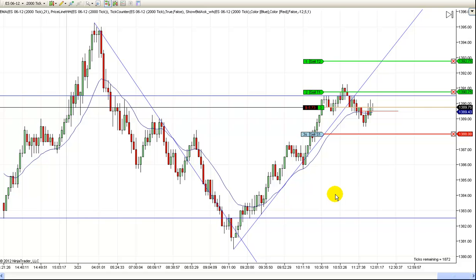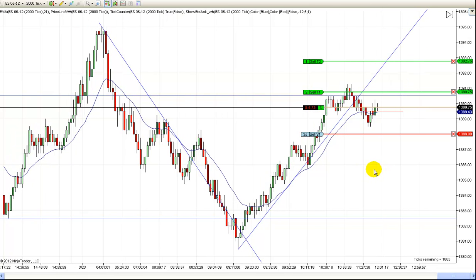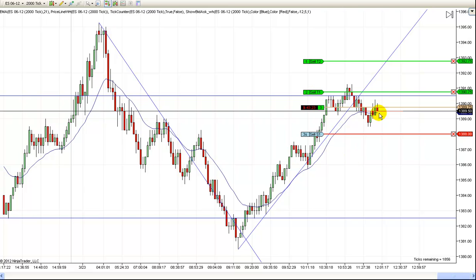And we're really struggling to go higher on this trade over here, so we'll go back to it. This is turning out just to be possible congestion here as well.